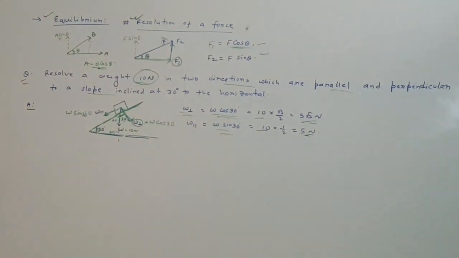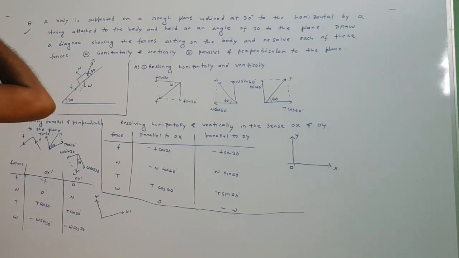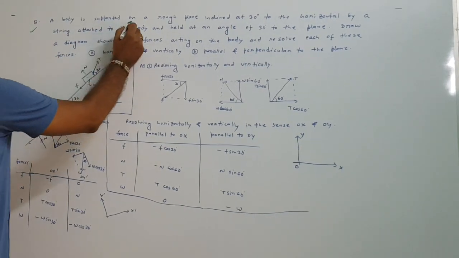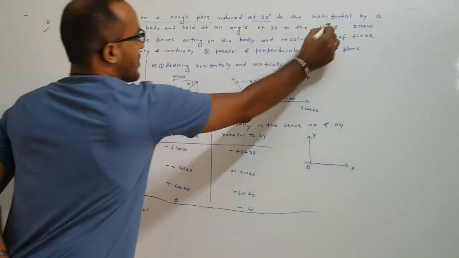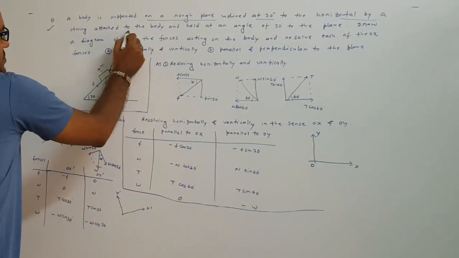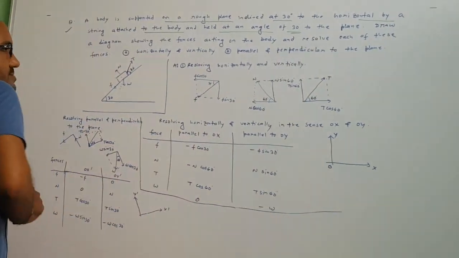Now we will see another question. So let us see one problem. A body is supported on a rough plane inclined at 30 degree to the horizontal by a string attached to the body and held at an angle of 30 degree to the plane.